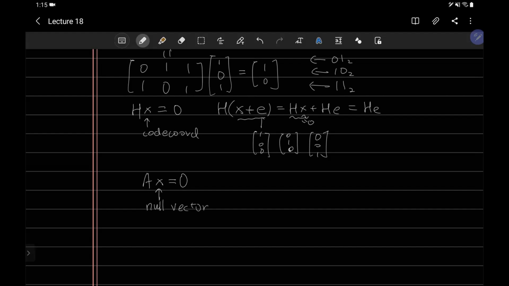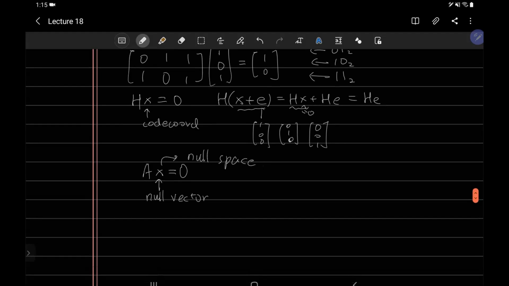And there are a lot of important properties related to the null vector. One of the important properties was that there might be more than one null vector, and all linear combinations of those null vectors can be another null vector. So the vector space composed of all the null vectors is a good linear space, and we call such a space a null space.